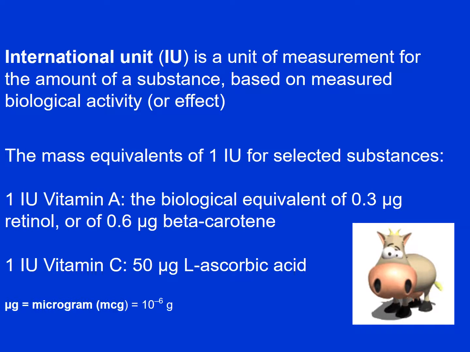So what are international units? It's the amount of a substance based on measured biological activity rather than weight. So vitamins many times come in different forms. And the animal requires so many international units for biological activity rather than a specific weight for a vitamin.